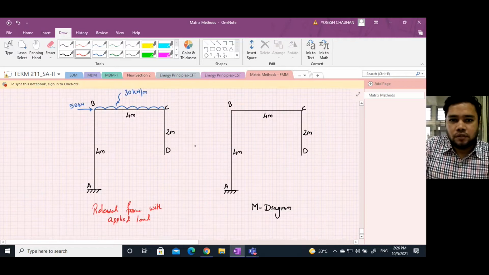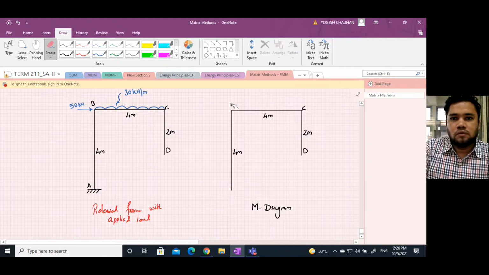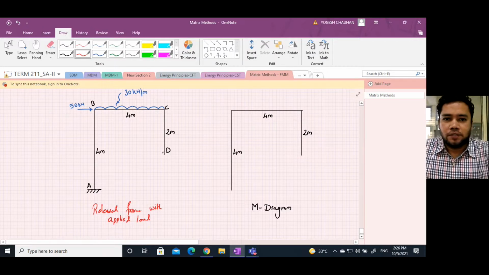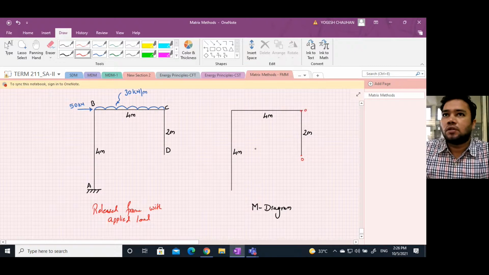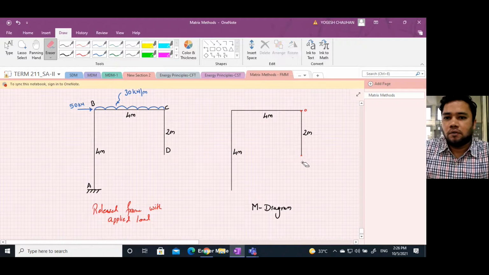The bending moment diagram will be, let's remove the support. There is no load on member CD, so bending moment will be 0 here and 0 here, because there is no load and this end is released, so there is no support reaction either. So zero bending moment at D and zero bending moment at C.